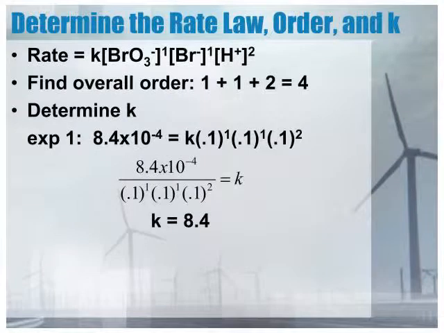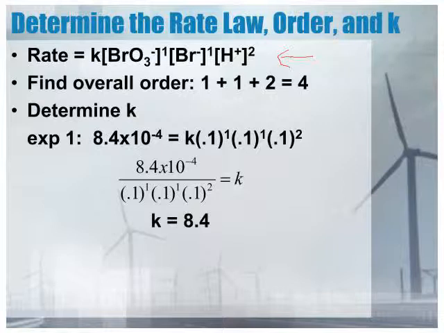So to finish up, we see that we plug in our x, y, and z here. So our rate law, when we're determining it, and then you have to actually write it out, is rate equals K times the concentration of BrO3⁻ to the first, times Br⁻ to the first, and times H⁺ to the second. Your overall order is 1 plus 1 plus 2 equals 4.